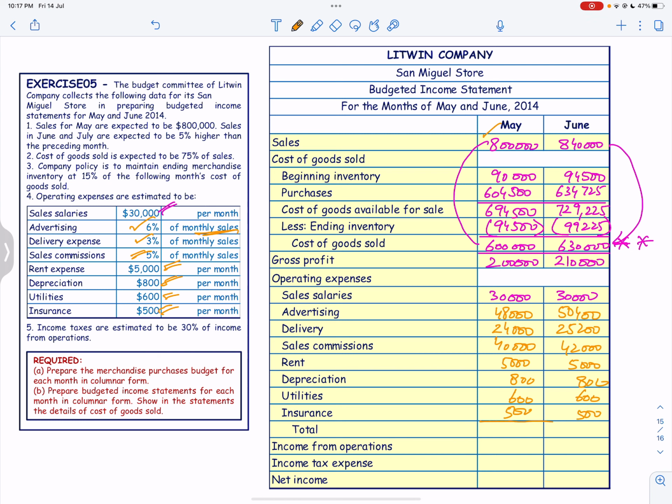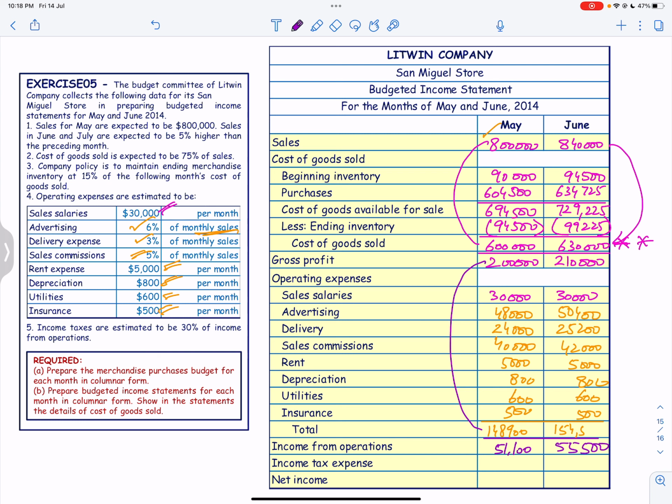And the total operating expenses will be 148,900 and 154,500. Now when we subtract the total operating expenses from the gross profit, we will get the income from operations, that is 51,100 and 55,500.